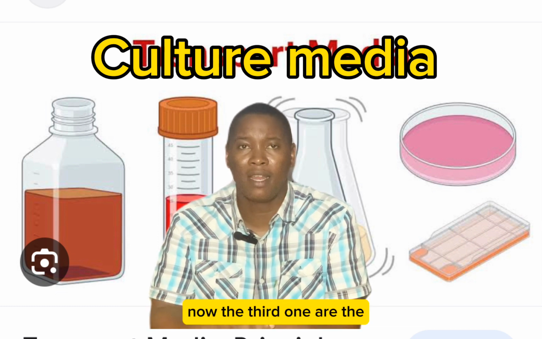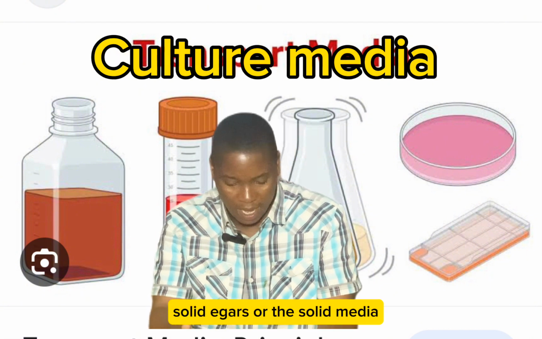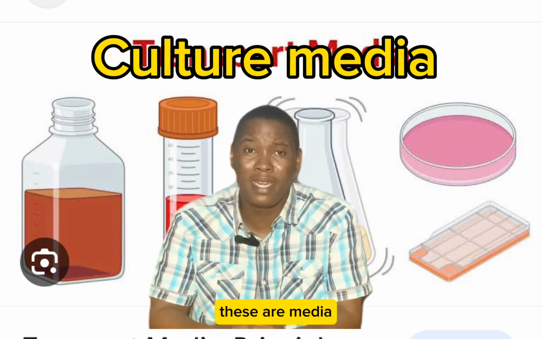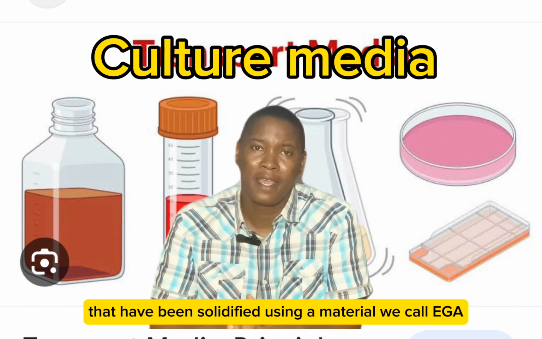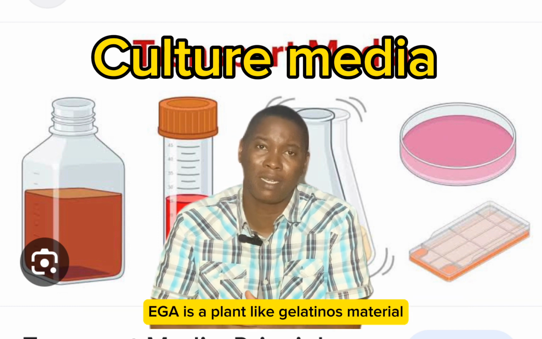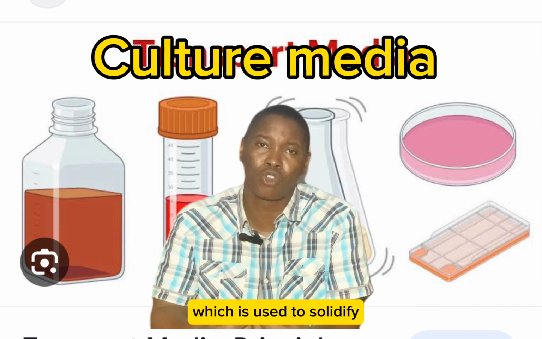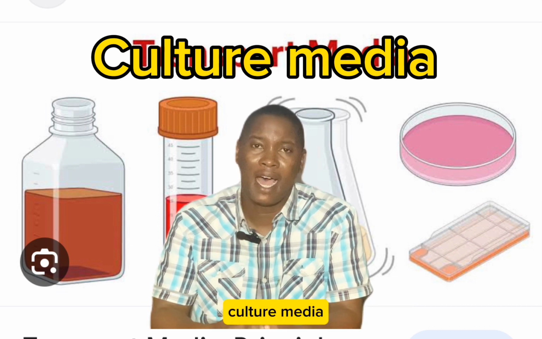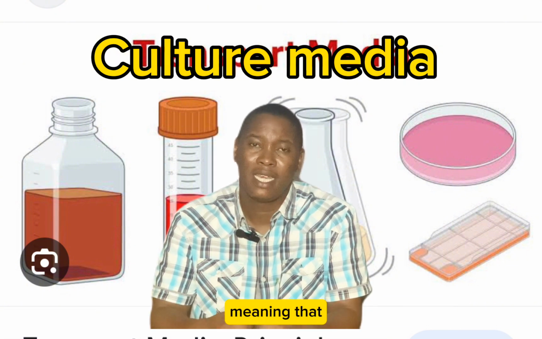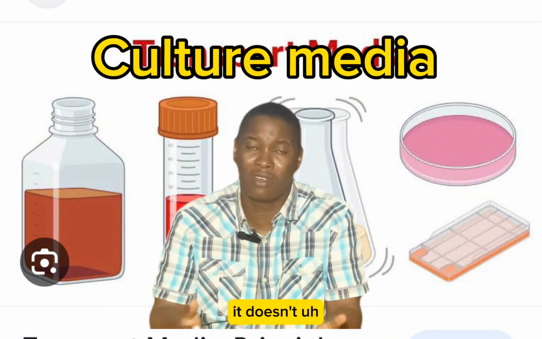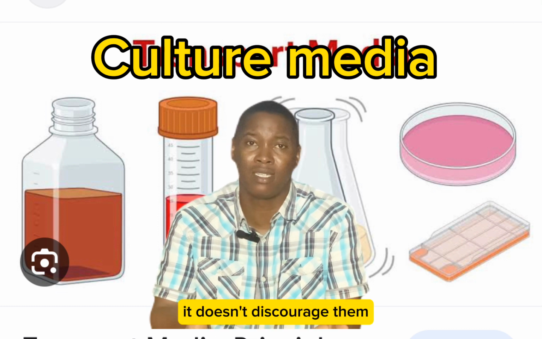Now, the third one are the solid agars or the solid media. These are media that have been solidified using a material we call agar. Agar is a plant-like gelatinous material which is used to solidify culture media, and is used because it is microbiologically inert, meaning that it has no effect on bacteria. It doesn't encourage them, it doesn't discourage them.